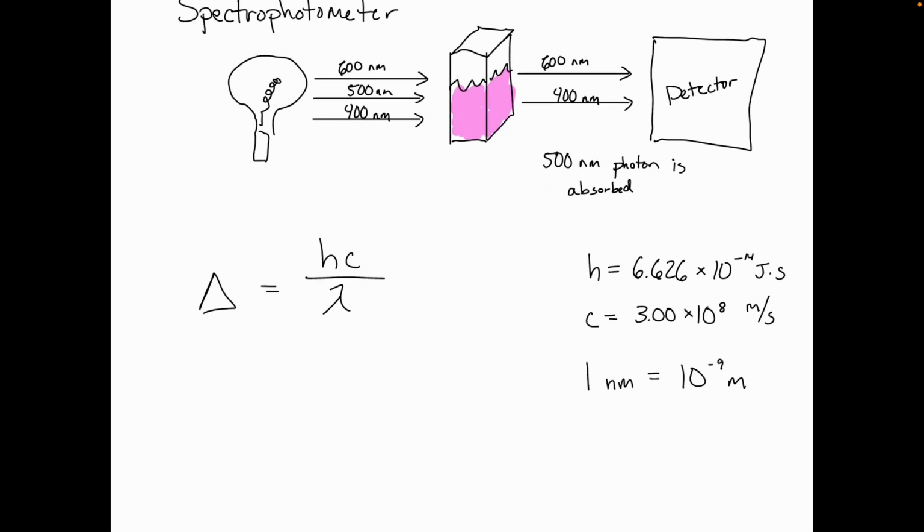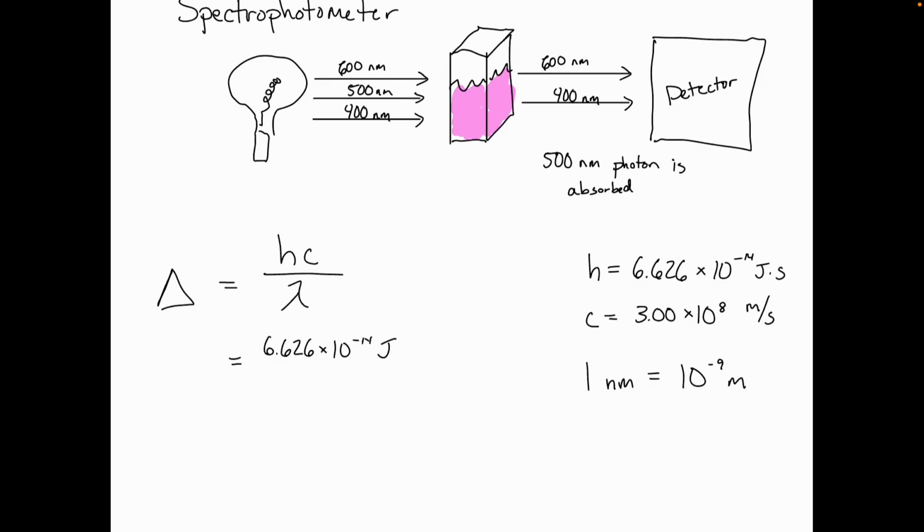All right, so now we're just going to plug in our variables to figure out our crystal field splitting energy. Again, I do have to convert from nanometers to meters so that my units all work out nicely.